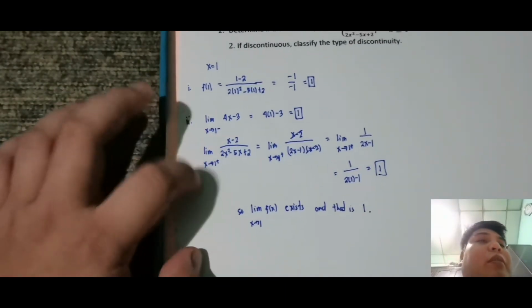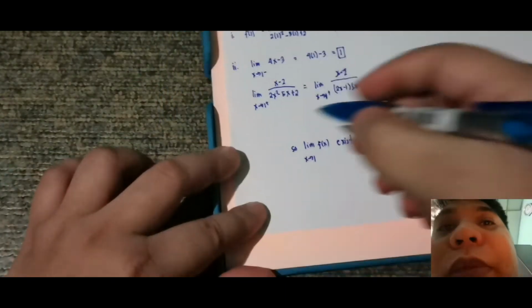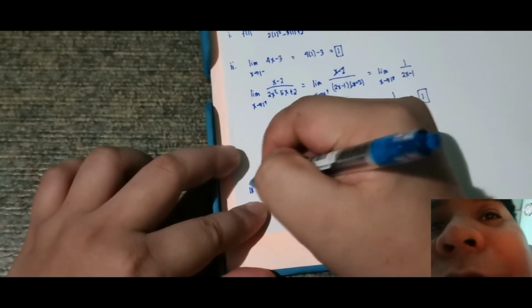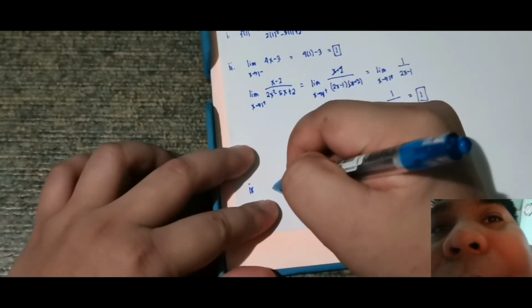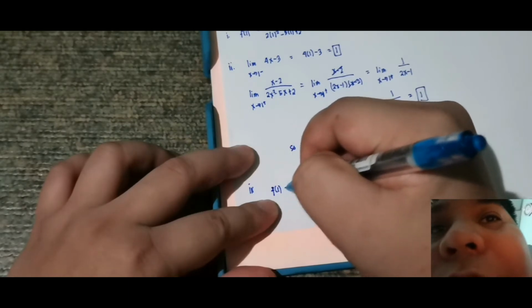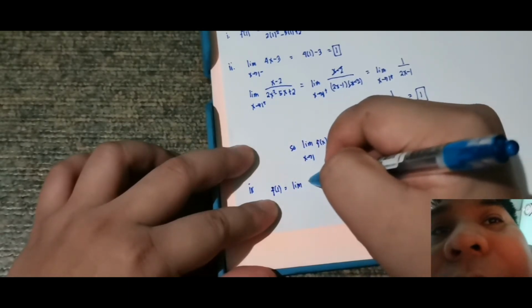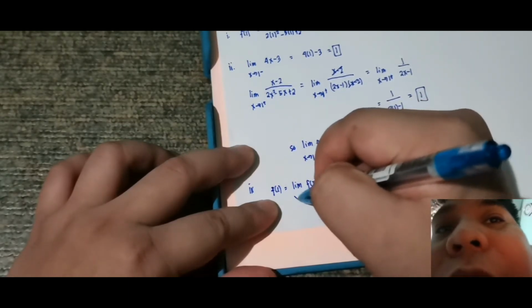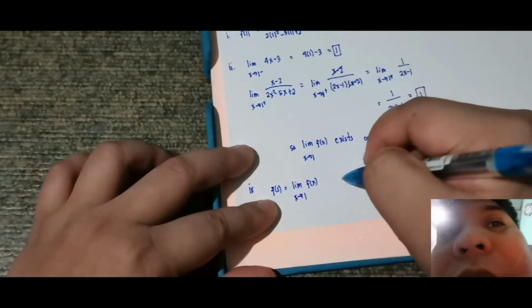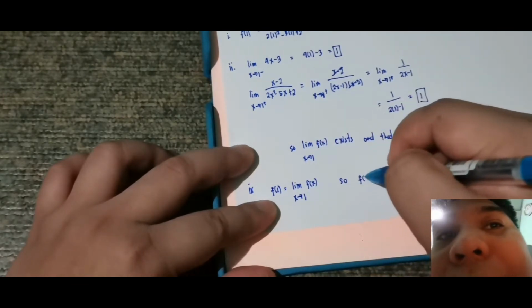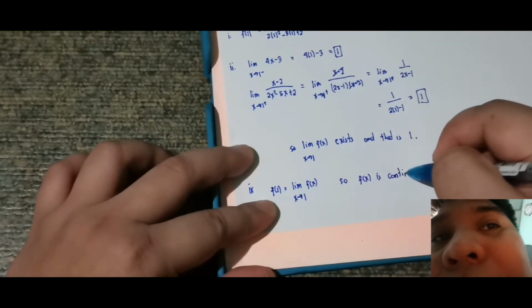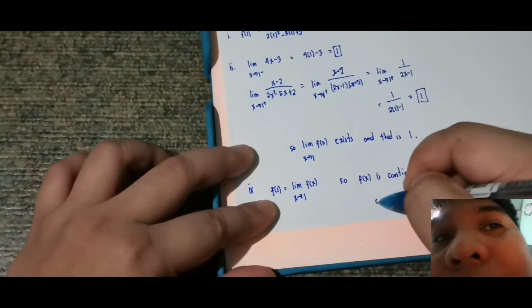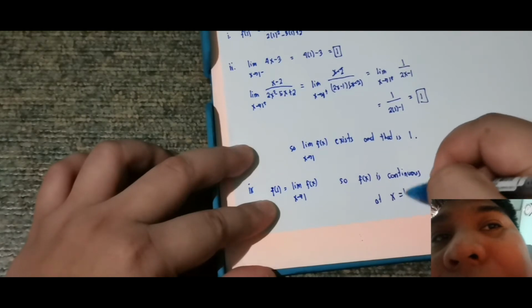Therefore, for test 3, yung f of 1 is equal sa limit ng f of x as x approaches 1. So, f of x is continuous at x is equal to 1.